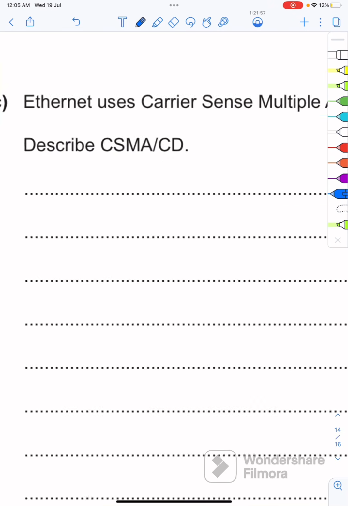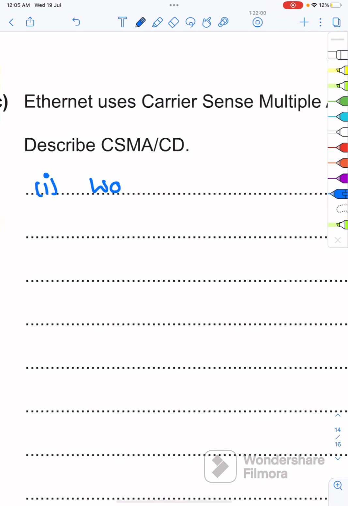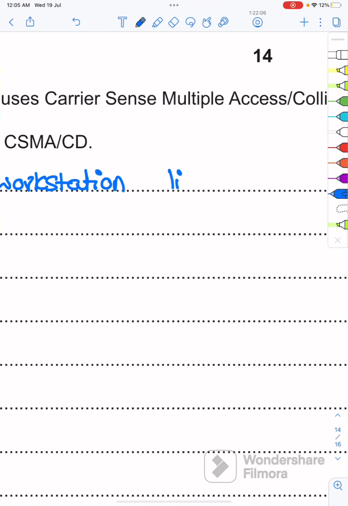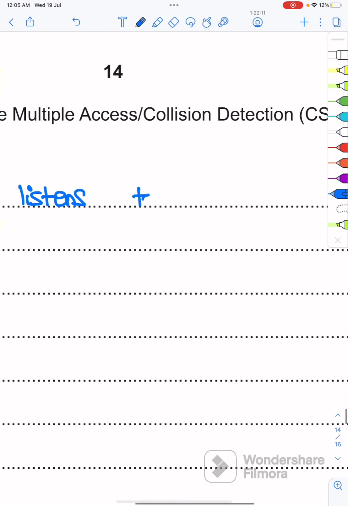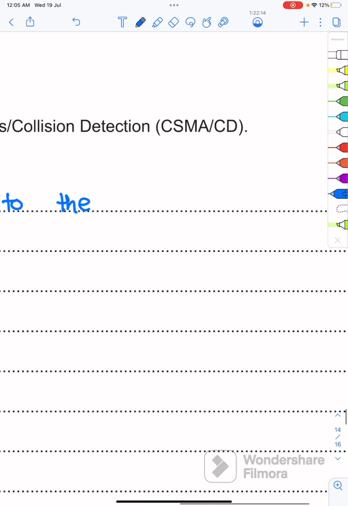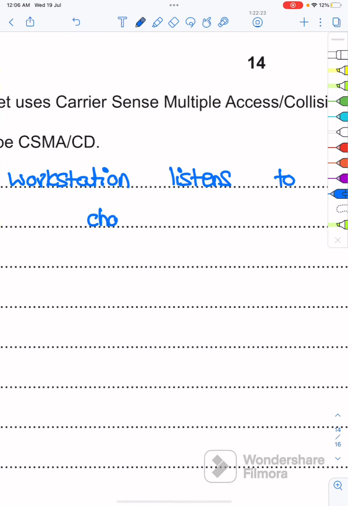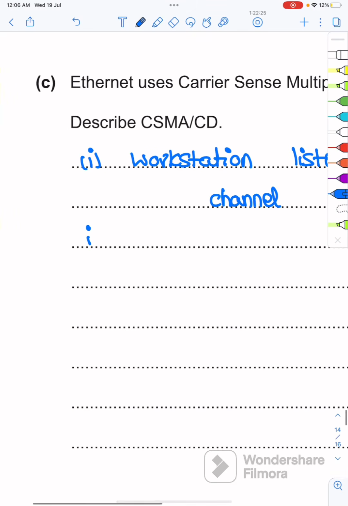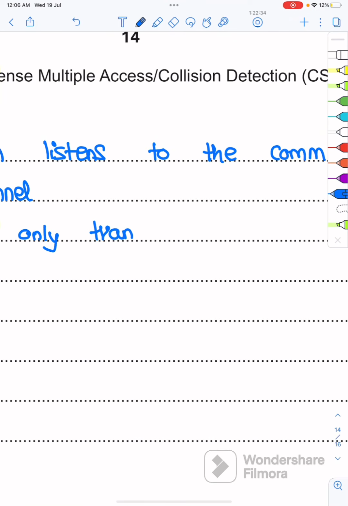So a workstation listens to the communication channel, and this is exactly how it's been mentioned in the mark scheme as well. Data is only transmitted when the channel is free.